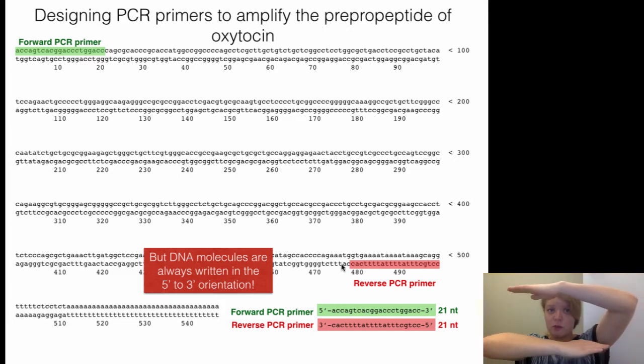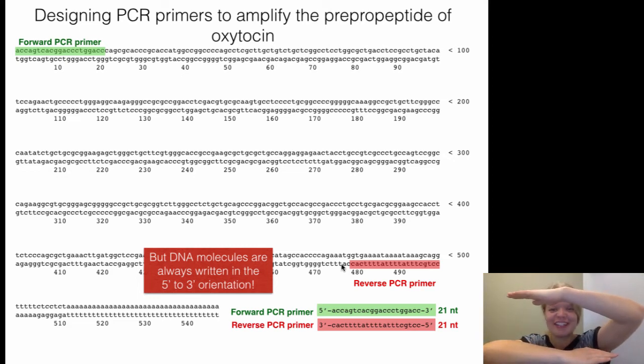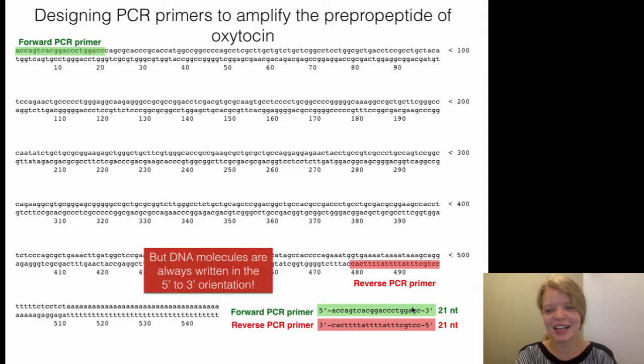You really need to remember this really well for the rest of the molecular biology course. So in order to get the actual correct primer as I'm submitting it to the synthesis site, I need to rotate it, right? Because the way you write DNA is always 5 prime to 3 prime.